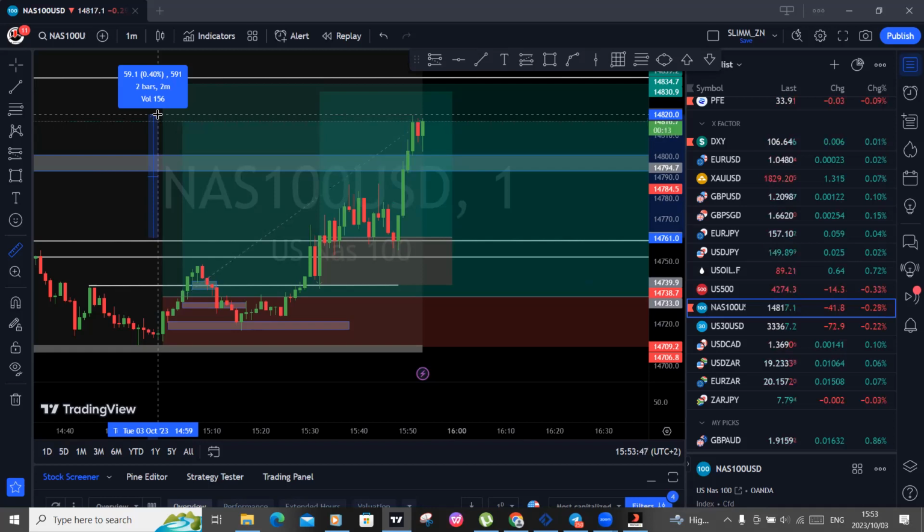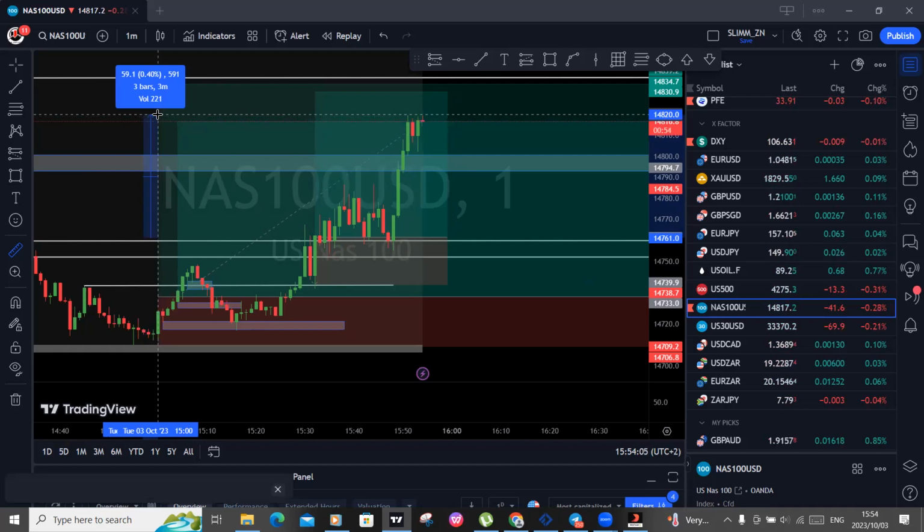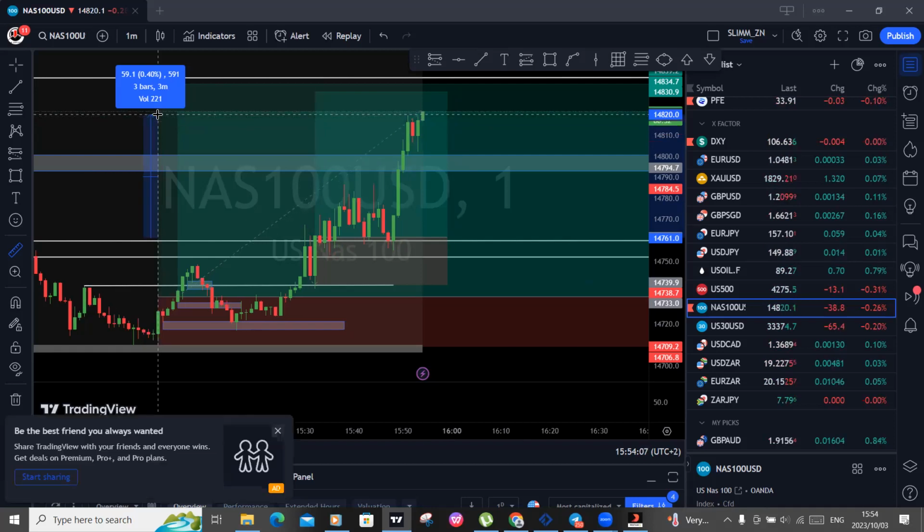Okay, I'm actually 3 pips away from hitting 50 points. Almost there, almost smashed. Smashed 50 points, smashed. The Nasdaq trade closed. Results will be shared in the group as well.